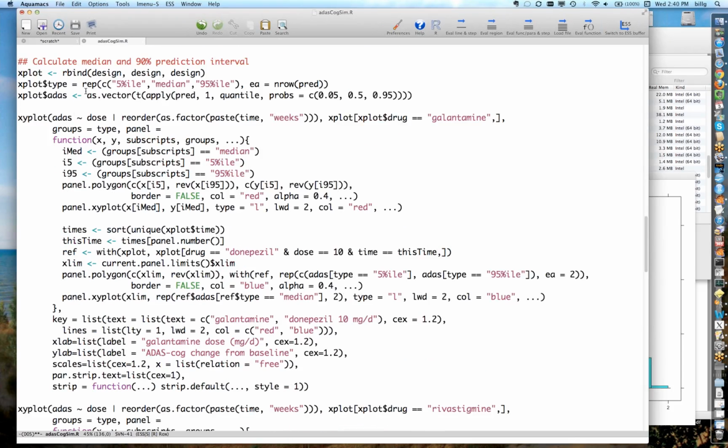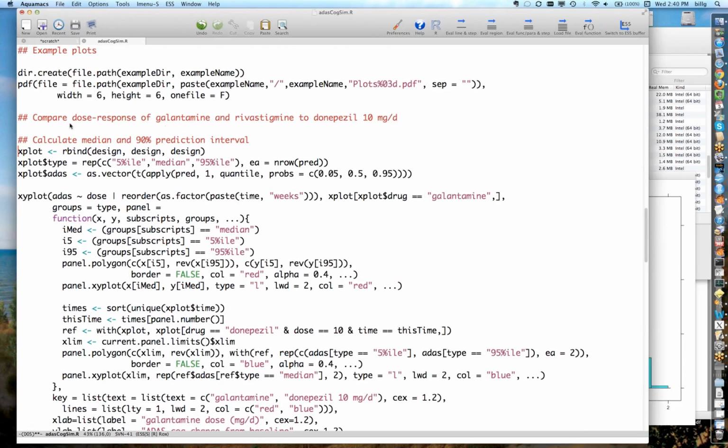The first one is just the dose response of galantamine and rivastigmine, and I'll compare them, basically overlaying them with the predicted response to donepezil 10 milligrams per day. I'm going to plot the median and 90% credible intervals for each of those, and again, just overlay them. So I'll just show you that.